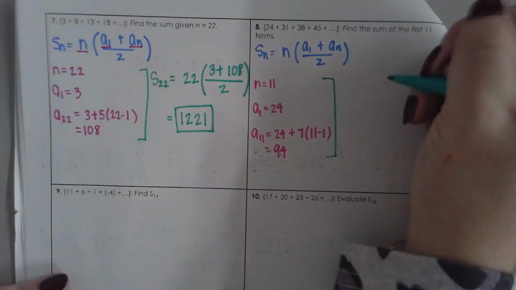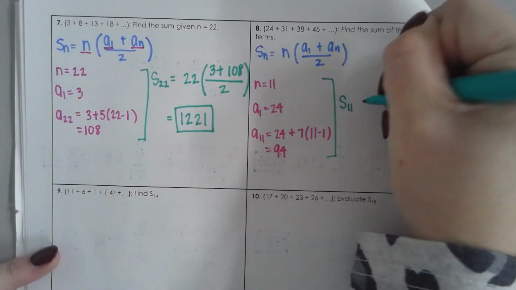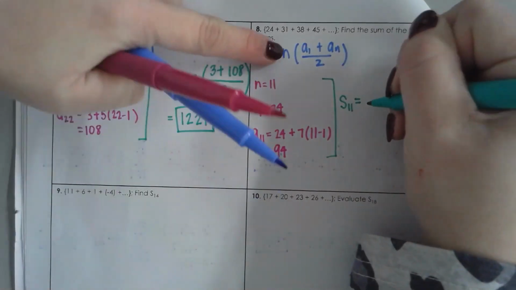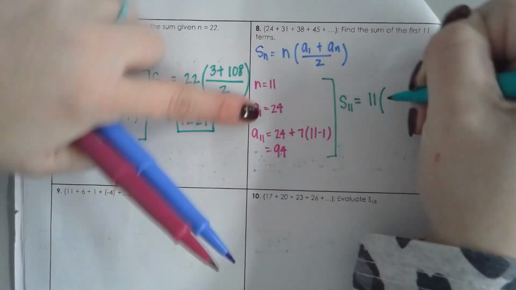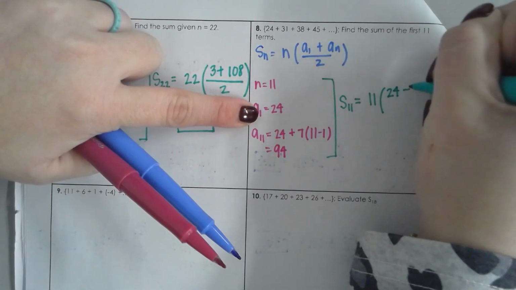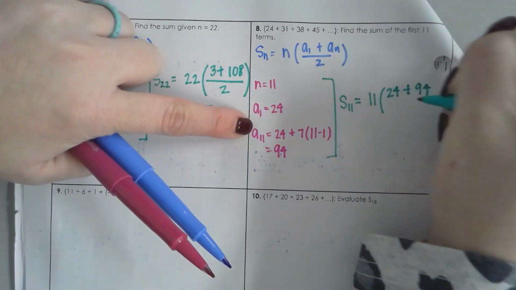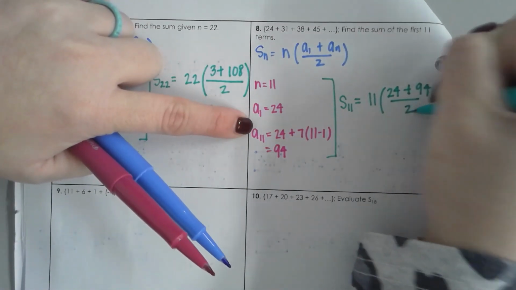And then the sum of the first 11 terms is N times 24 plus 94 over 2.